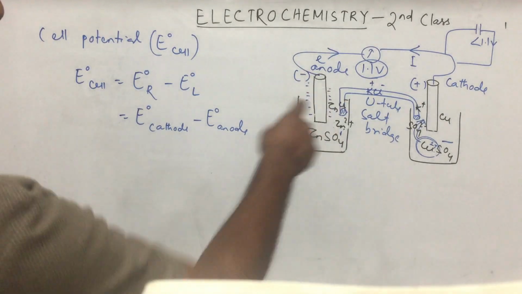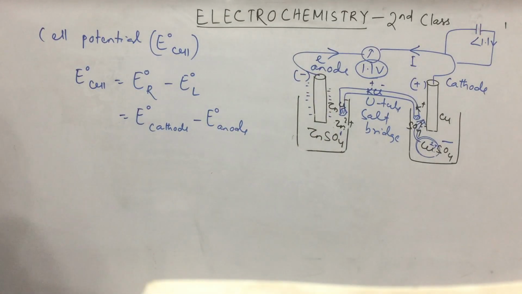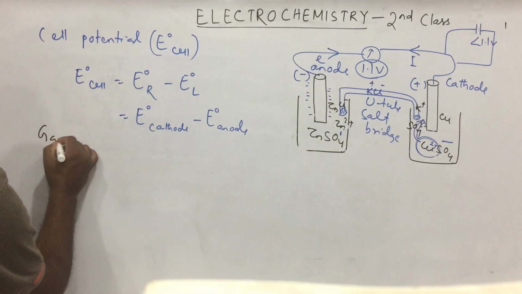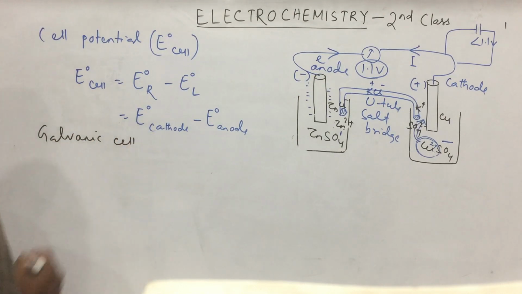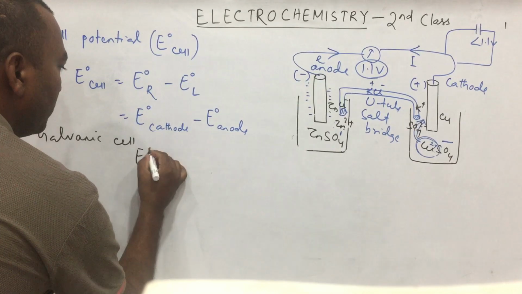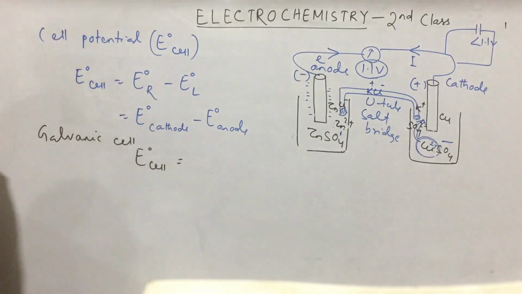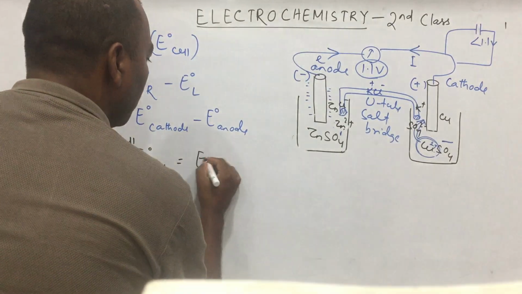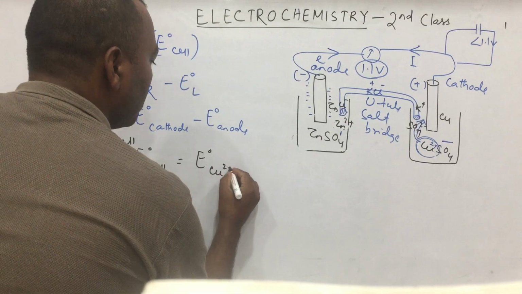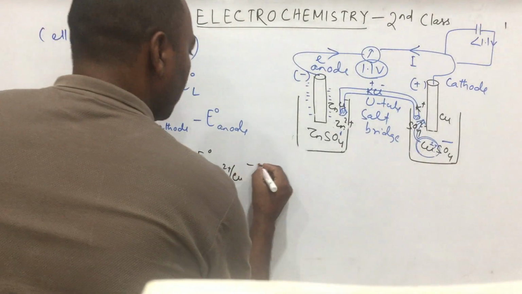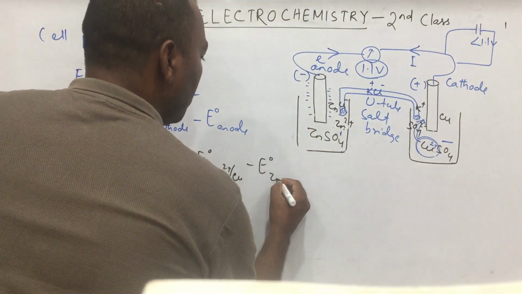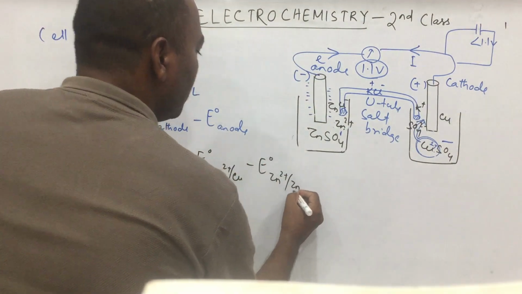Okay, so for this galvanic cell, E° cell equals E° of Cu2+/Cu minus E° of Zn2+/Zn.